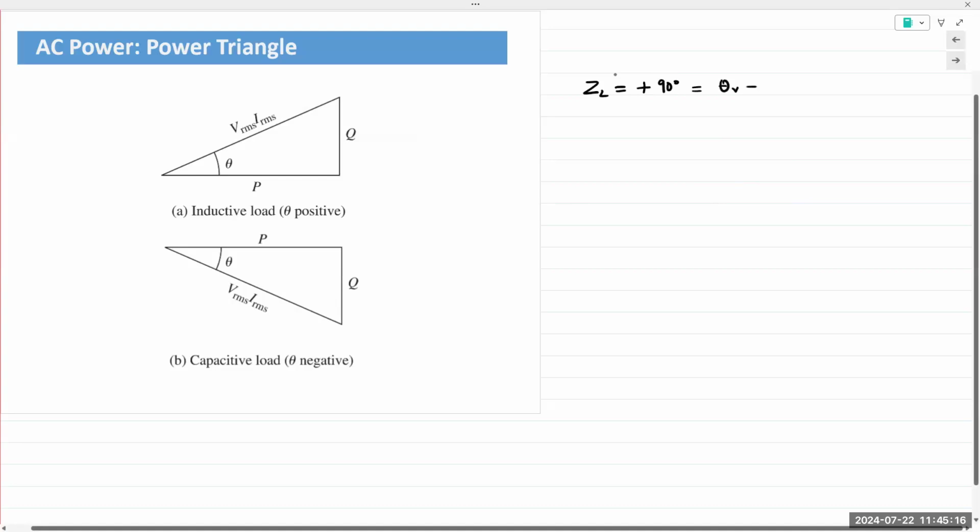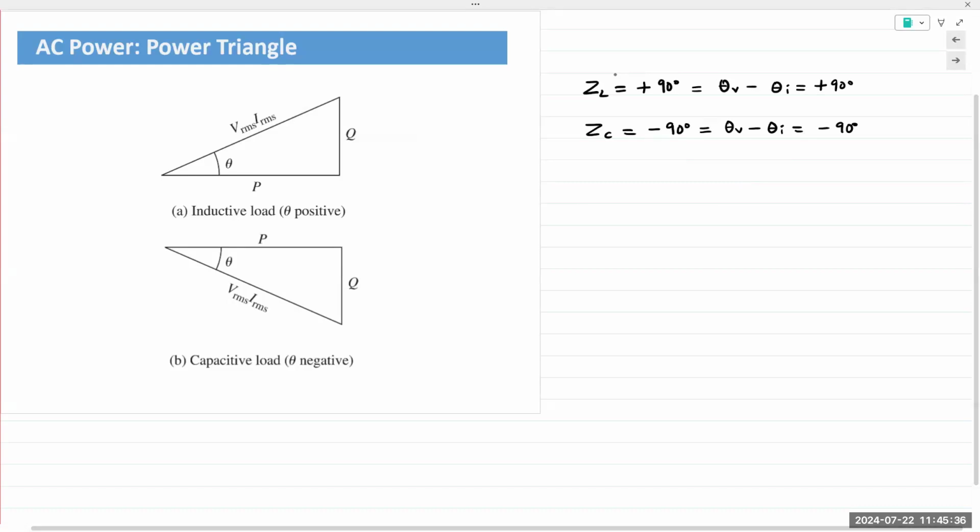Theta V minus theta I is always positive 90. ZC, on the other hand, is always negative. It's always pointing down because theta V minus theta I is always equal to minus 90. Right? In a positive half cycle, energy flows into the inductor, but out of the capacitor. Exactly the same functioning, but opposite in phase.